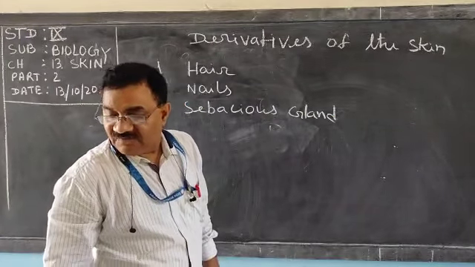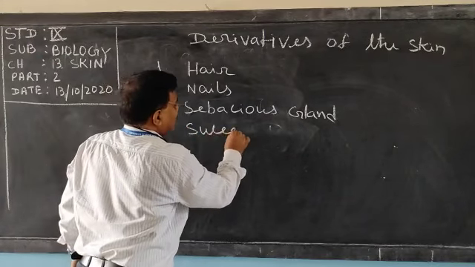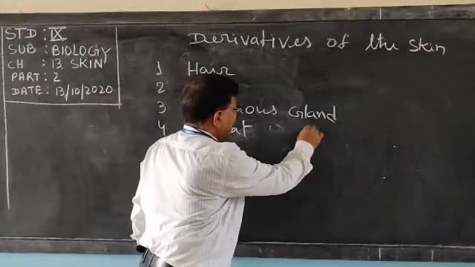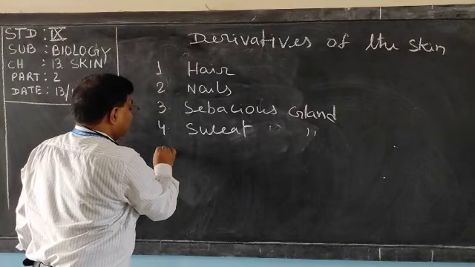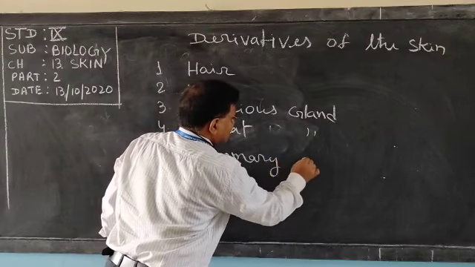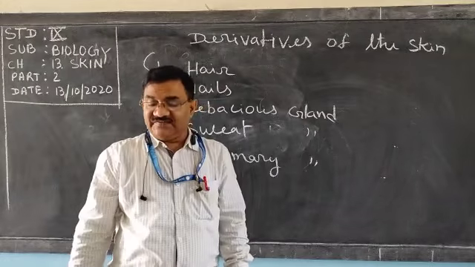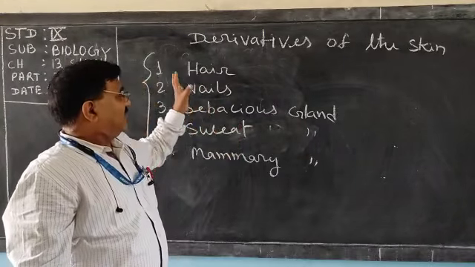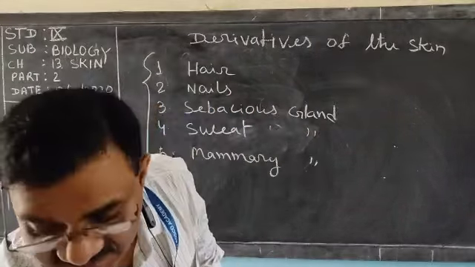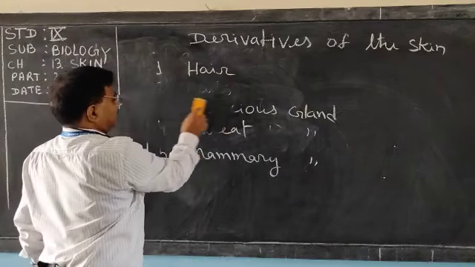Fourth one is the sweat gland. And fifth one is the mammary gland. These 5 are the derivatives of the skin. We will discuss them in detail. First, let us start our discussion from the hair.